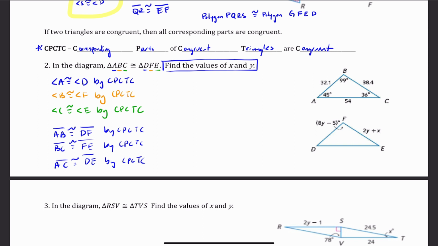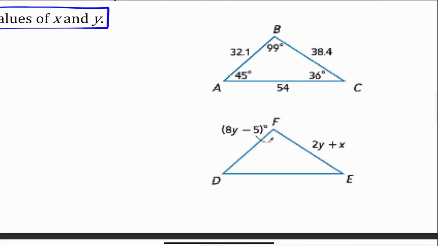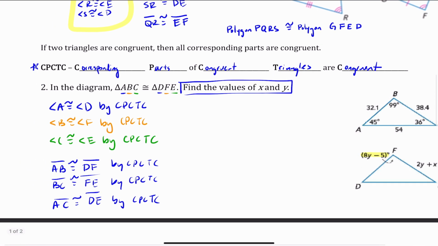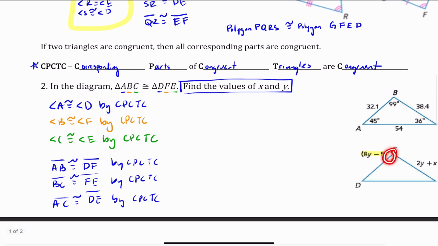So, what do I have to do? Well, first of all, I know for sure that this expression is pointing at this angle. So it's angle F, right? So if I go back over here, we know that angle F is congruent to angle B. And those two things are congruent, right?